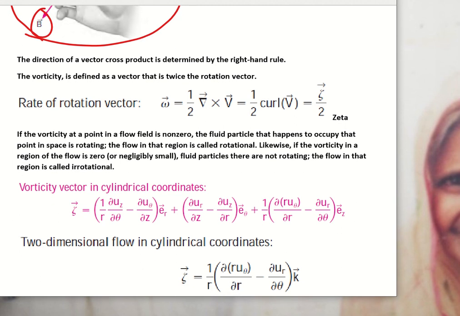Now we have defined some more terms, like vorticity. This vorticity is basically one kind of rotation, but it is equal to twice of omega.